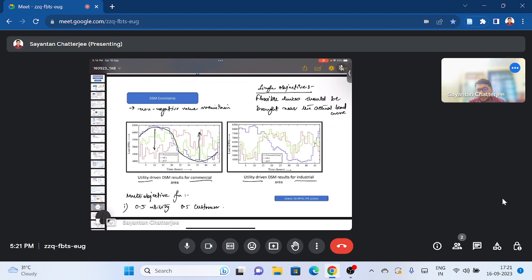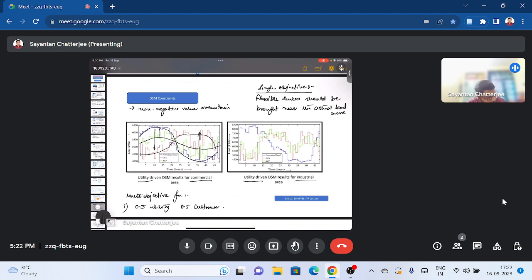After performing this objective function based approach, the conclusion was that there was a significant amount of reduction.